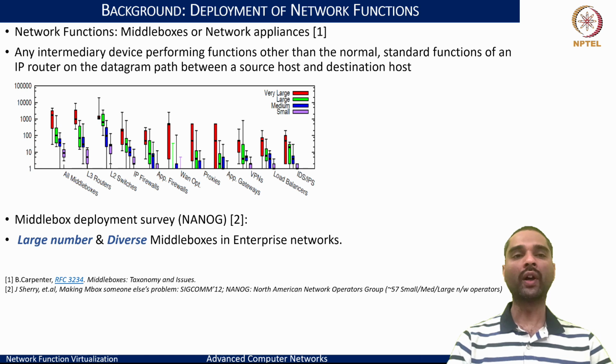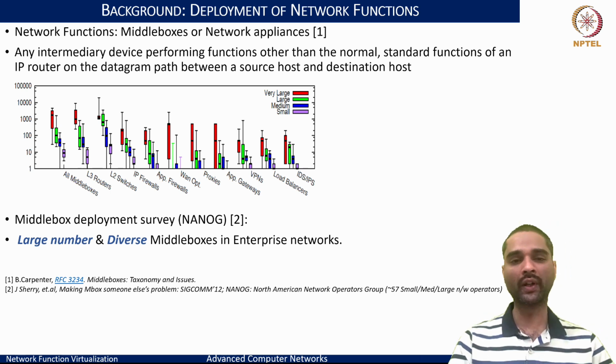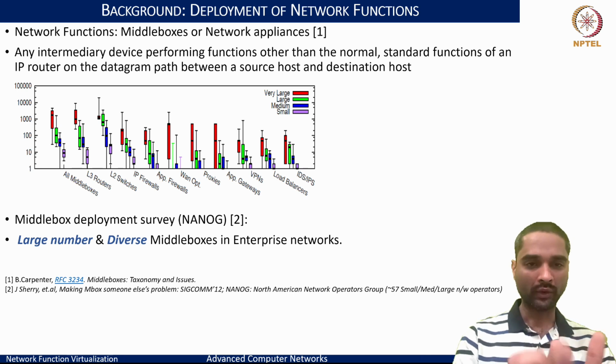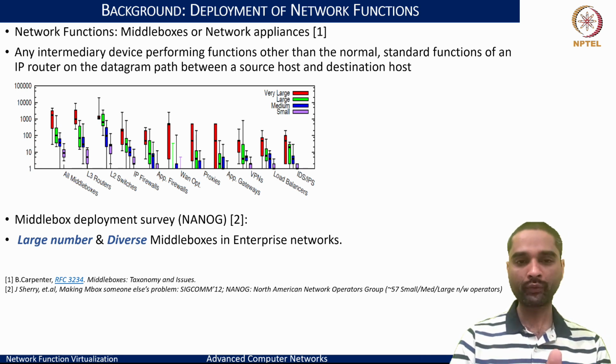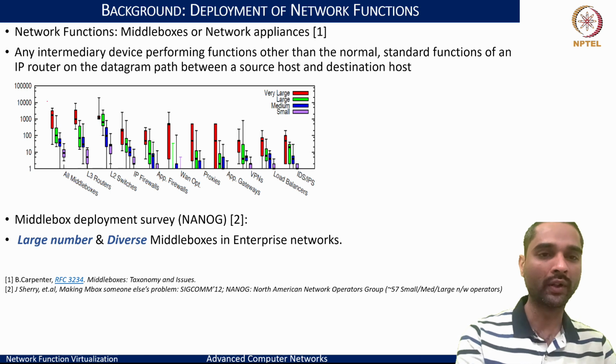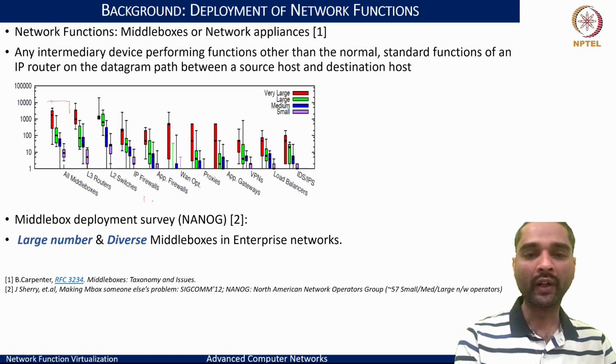And what I'm showing here in this box plot, which we referred to in very brief context, let's try to dig into in a lot more detail and understand what we are seeing here. If we focus on the x-axis, we are seeing that there is a variety of middle boxes, and the middle boxes may be of variegated types.